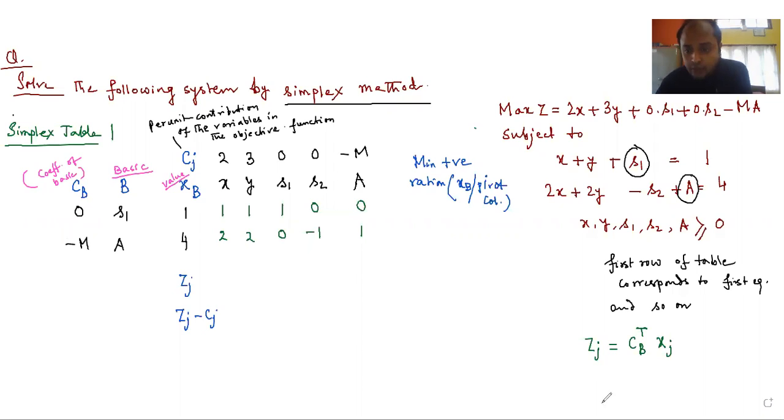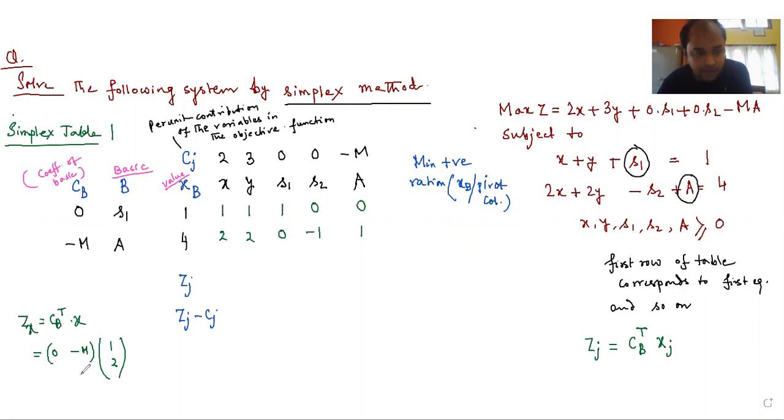I'm showing you one. For instance, if I want to calculate zj for this particular column, what do I get? We will call it z1, or you can call it zx. That will be CBT into x, and CBT is the row matrix 0, minus M. It will be multiplied by the column matrix 1, 2.